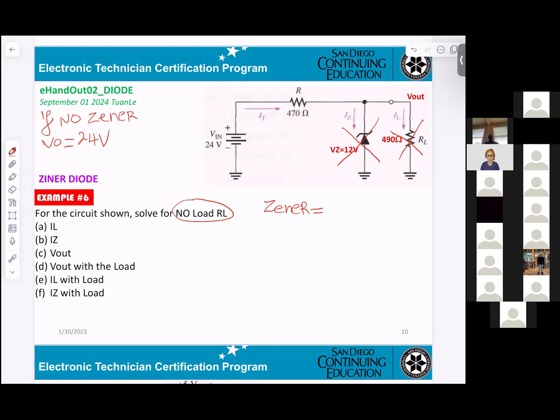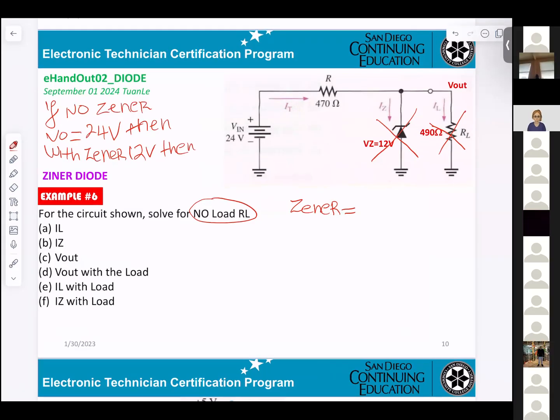Then with Zener, 24 is larger than 12, and the Zener is mandatory for 12 volts, right? Then Zener breakdown. Zener breakdown equal 12.